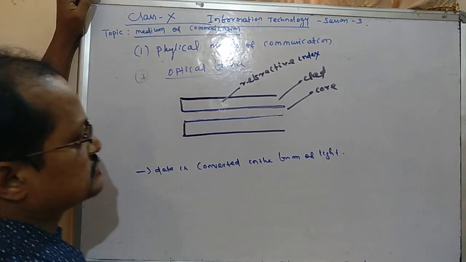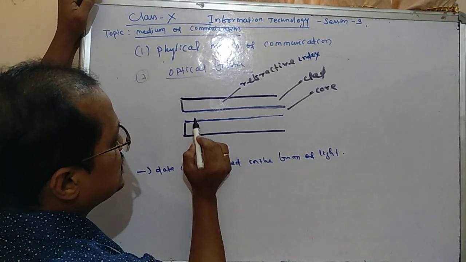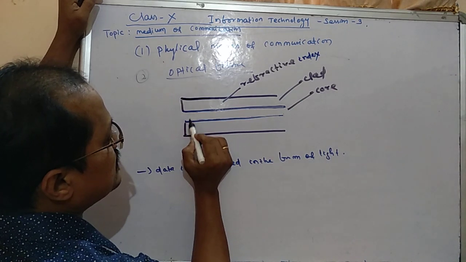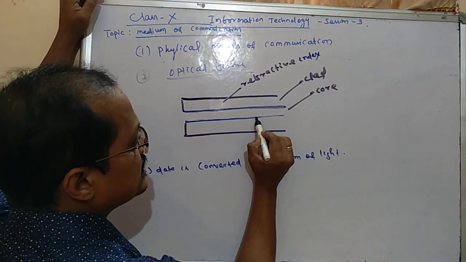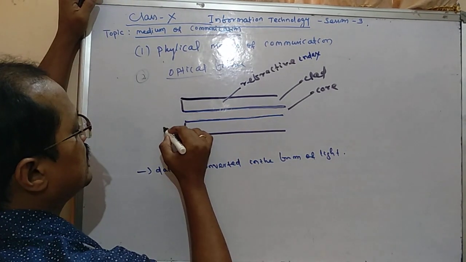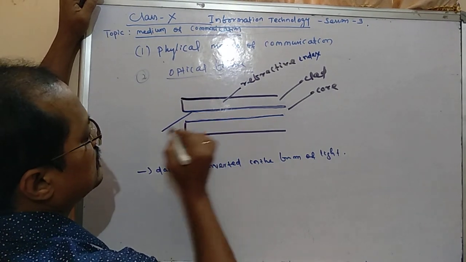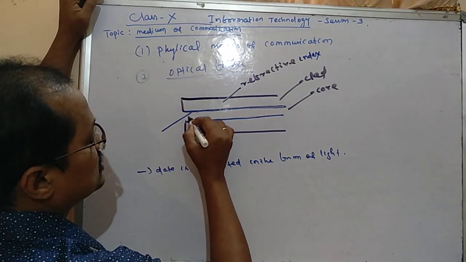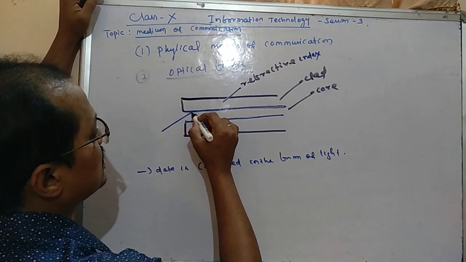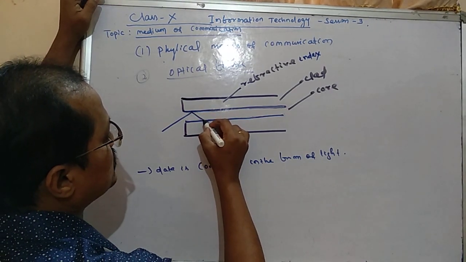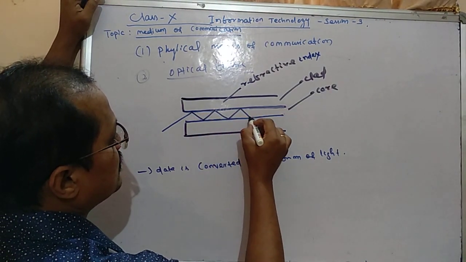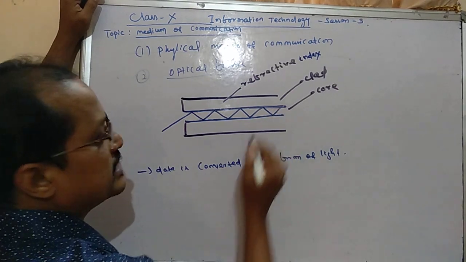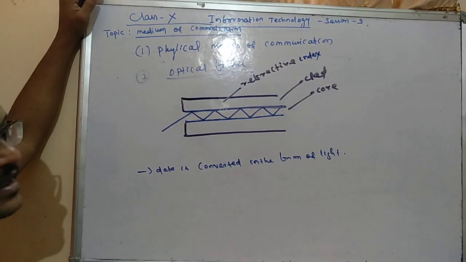When light comes in at an angle, called the acceptance angle, the light travels like this. Complete reflection occurs.